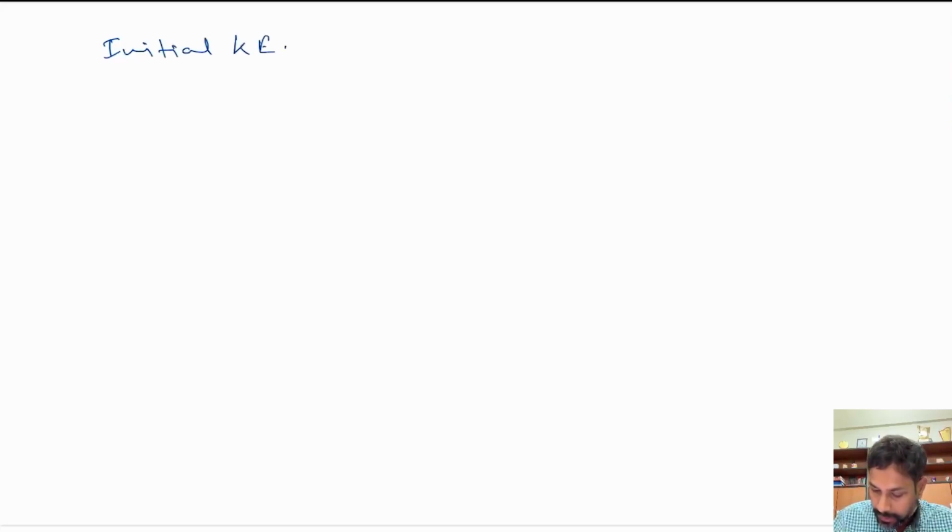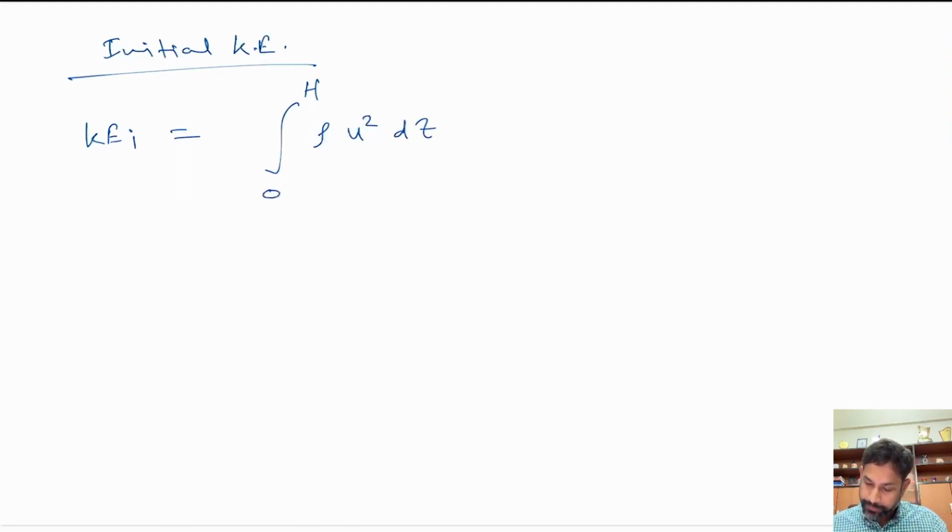Initial kinetic energy. So we will name it as Ki. And how can we define kinetic energy initial value? So we will go from 0 to h, the total depth, right? And we will define it as rho u square dz. Okay, that is basically like m u square, where density works as m. So this is kinetic energy per unit volume, right?